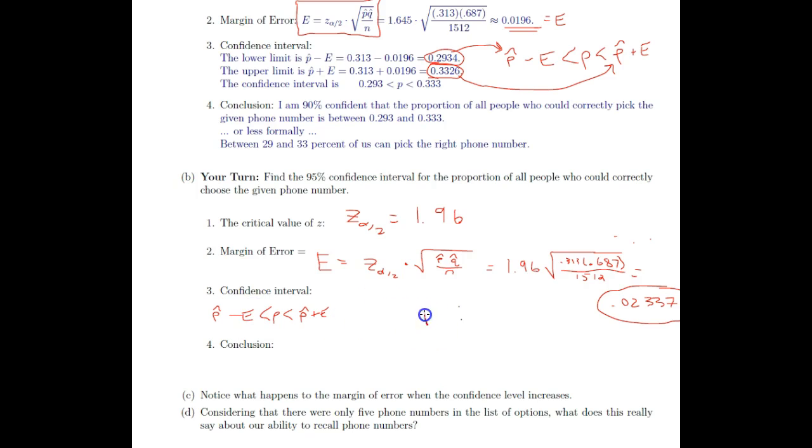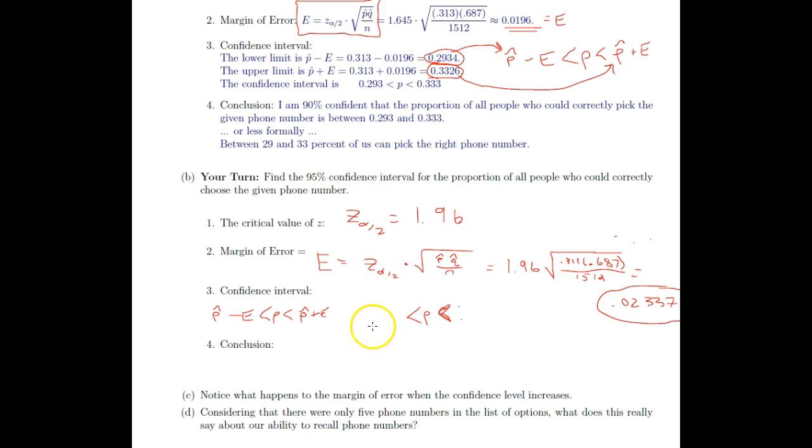And so we can say that P is going to be between, what's our P hat? 0.313 minus 0.02337. And I've got 0.28963.